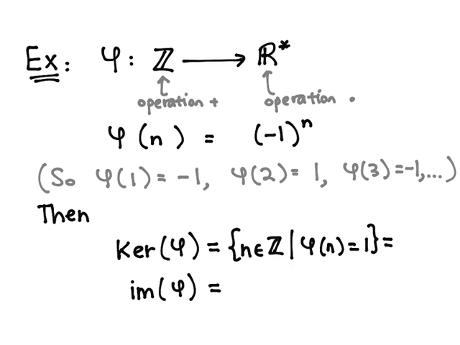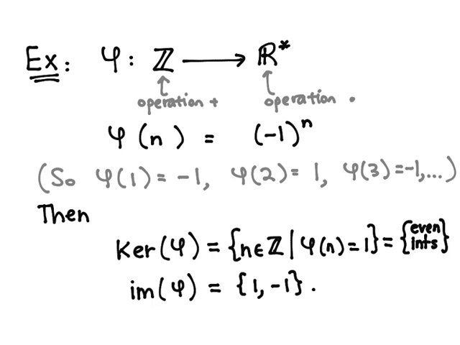In other words, the kernel of phi consists of all of the integers that phi sends to 1, and by the argument that I've just made aloud, that's exactly all the even integers. How about the image of phi? Well, that's all the elements of R star that are phi of something, and phi only sends anything to either 1 or -1, so the image of phi just contains those two numbers, 1 and -1.